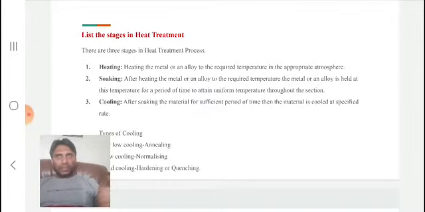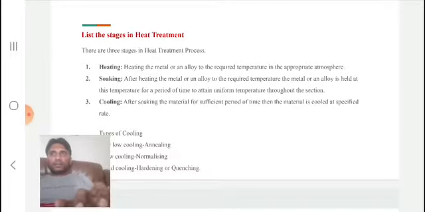And the purpose of the heat treatment process is to improve the machinability, or to refine the grain size, or to relieve the internal stresses, or to improve the mechanical properties like tensile strength, hardness, toughness or ductility, or to improve the wear resistance, or to produce a hard surface on a ductile interior.